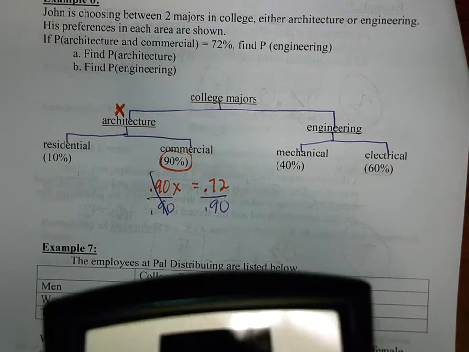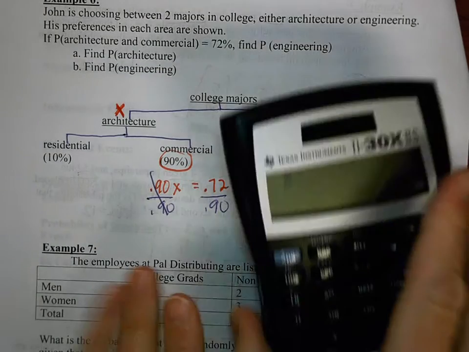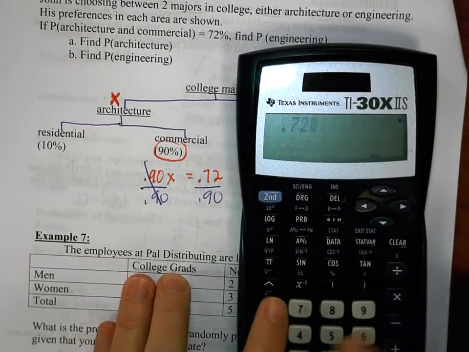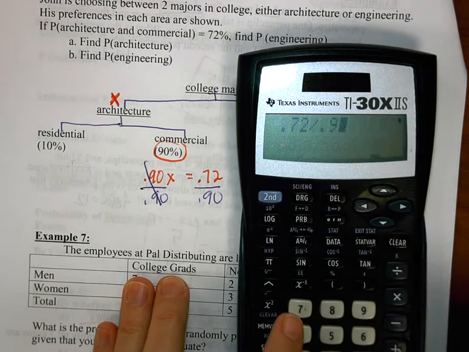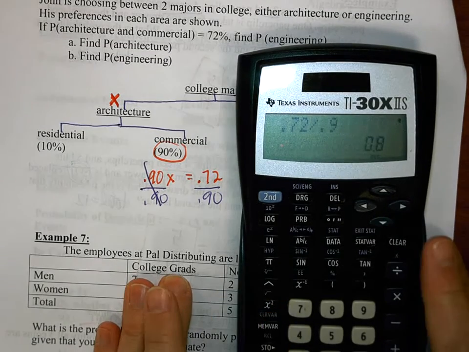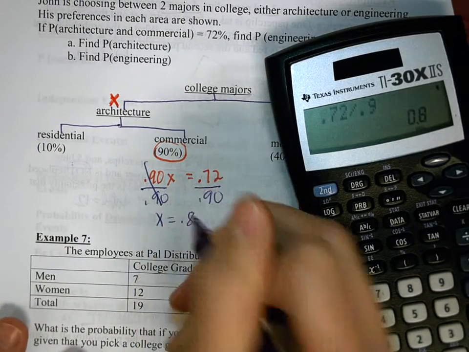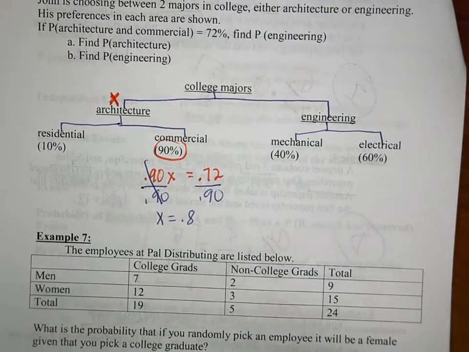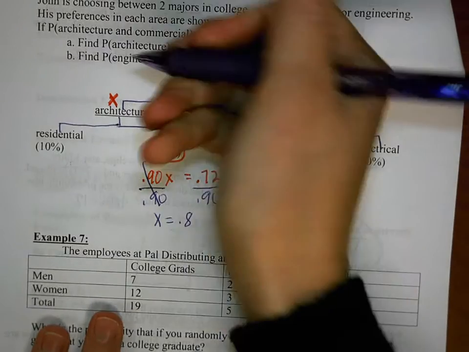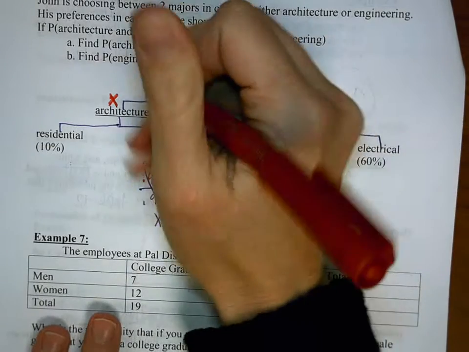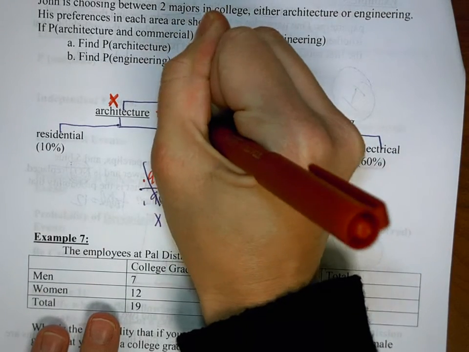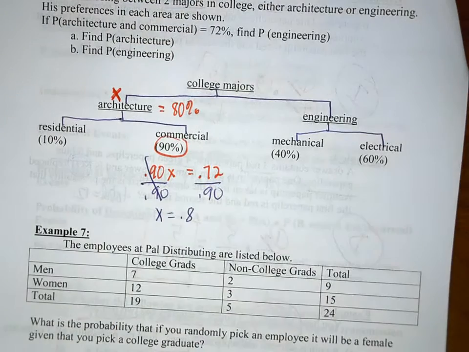So if you take out your calculator, 0.72 divided by 0.9, we get 0.8. So that means x equals 0.8, which as a percent is 80%. So my architecture actually equals 80%.